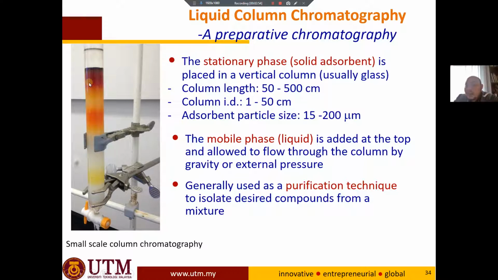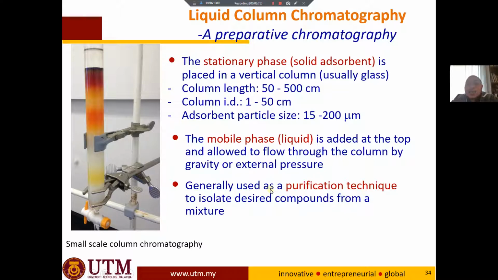So we can purify: from 5 compounds mixed together, we can separate each of them. That is very widely used, especially in organic chemistry related industry, for example in the preparation of medicine, where you need to purify a compound. That is when we need this kind of technique.